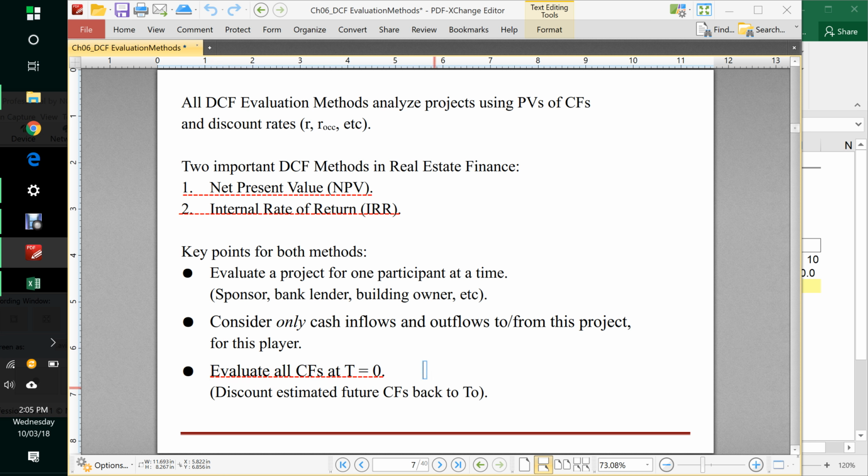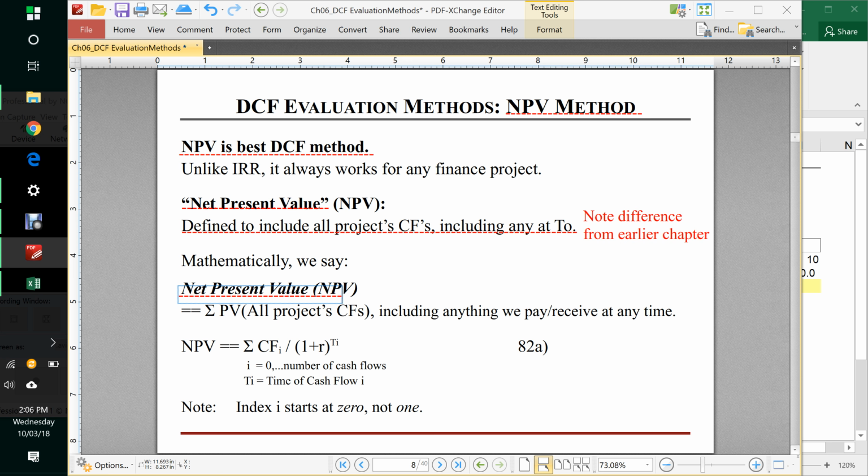Mathematically, net present value we define like this. It's just the sum of the present value of all the project's cash flows for one participant, including anything we pay or receive at any time, including at t equals 0.